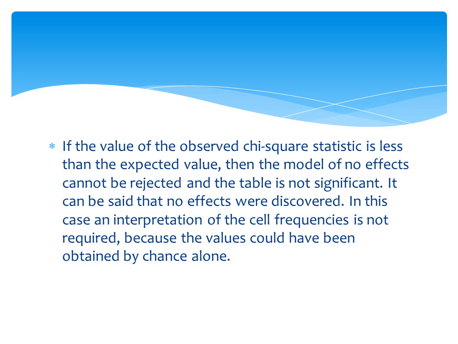If the value of the observed chi-squared statistic is less than the expected value, then the model of no effects cannot be rejected, and the table is said not to be significant. That is exactly what we said in the previous slide. So if our observed statistic is less than our expected value, then it only makes sense that there's no association, there's no significance, and it's said that no effects were discovered.